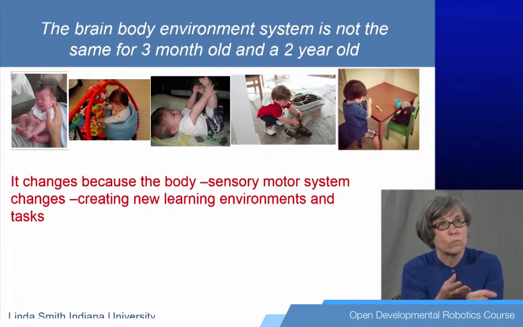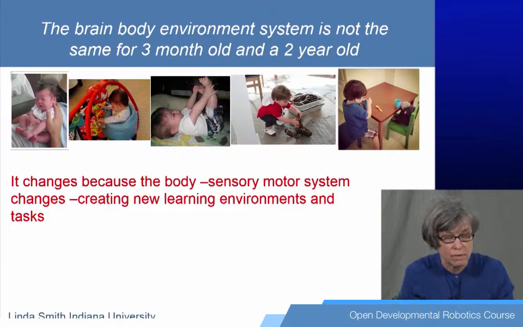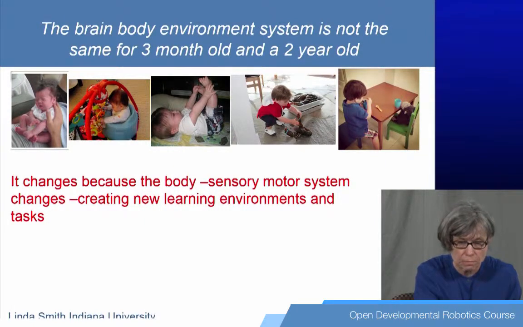There is a sense in which thinking about building an intelligent system in this way, one where the brain-body environment, the tasks to be learned, are ordered and changed systematically, might be a very useful approach.